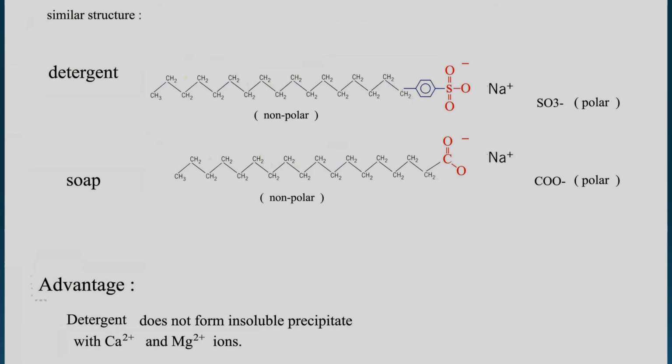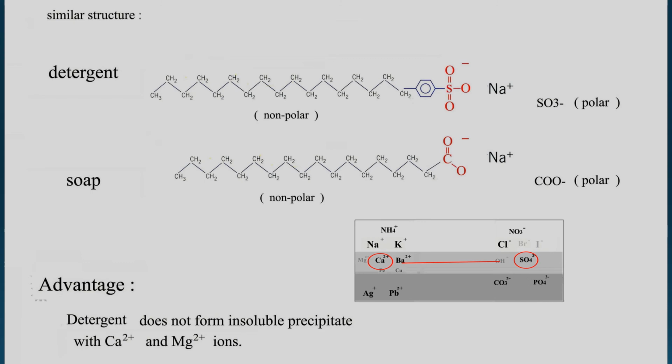The advantage is that detergent does not form an insoluble precipitate with calcium or magnesium, so it does not form scum. So take notice, detergent is SO3 minus, soap is COO minus, and this is the main difference.